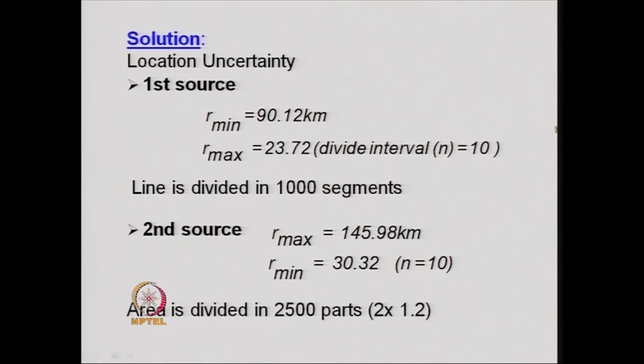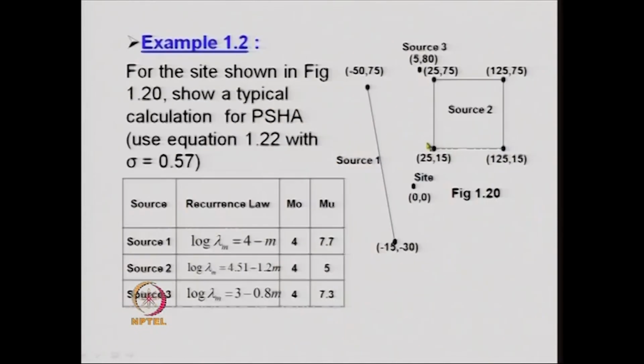The same kind of calculation is performed for source 2. Here again we find out the maximum distance, and this will be the minimum distance.